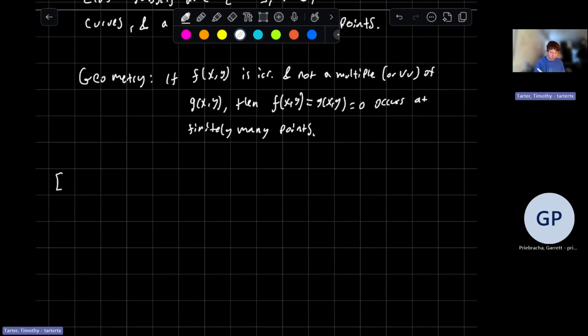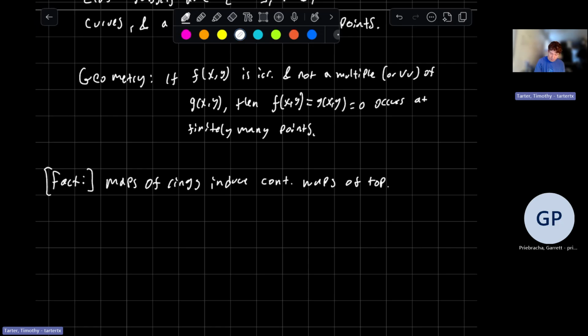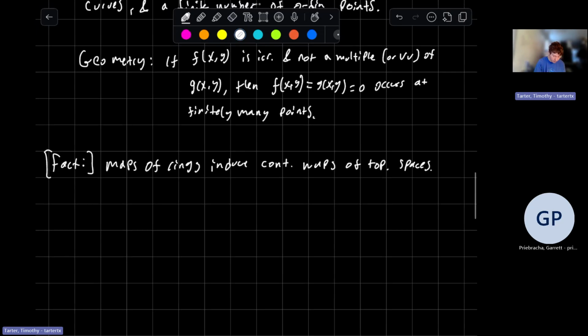So this makes a lot of sense. So phi from B to A induces pi from Spec A to Spec B, and this is a contravariant functor.